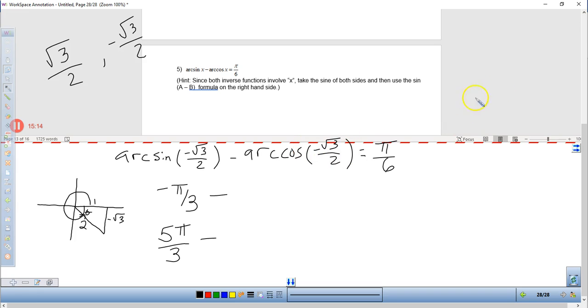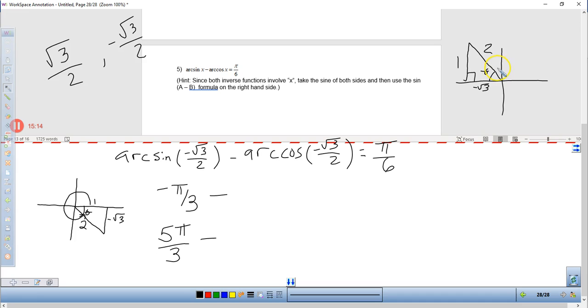Now, arc cosine of a negative, I'm going to draw its picture up here. Arc cosine can only be negative, based on the rules we were given in this chapter, in the second quadrant. Because here's our negative root 3, that means this is 1, this is 2. Here's theta. What angle is this?